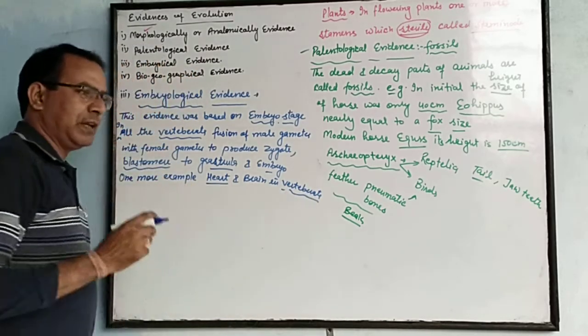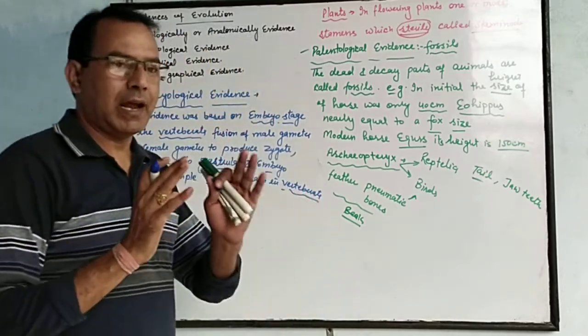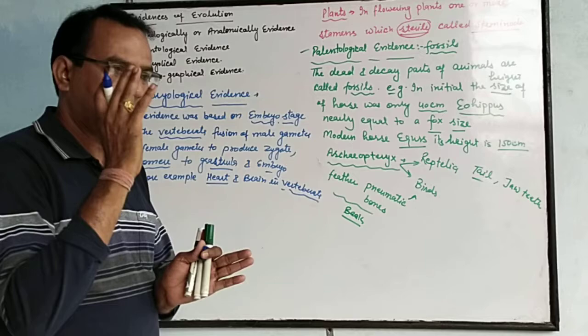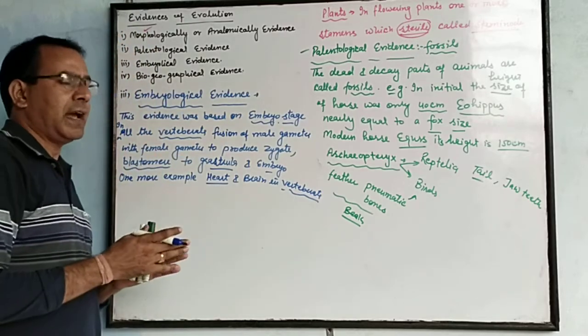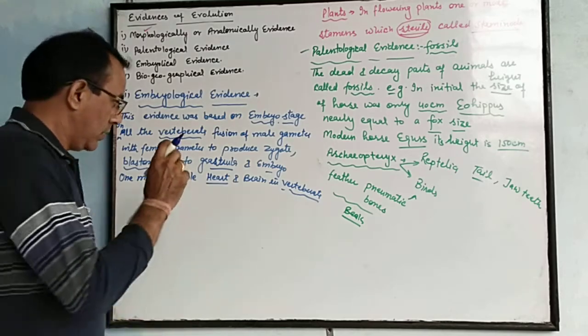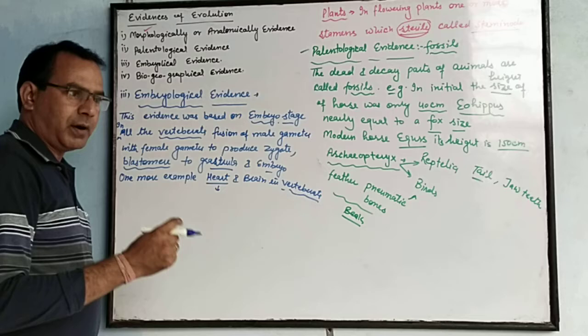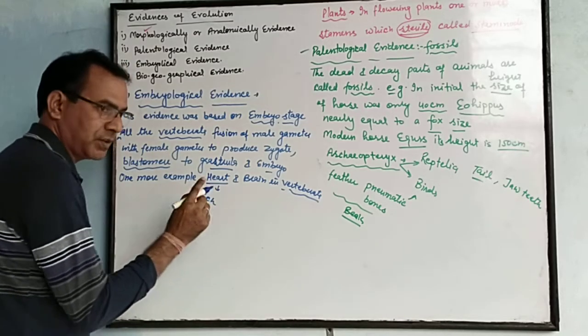We know that in our heart there are 4 chambers. Birds and mammalia have a 4-chamber heart, whereas Pisces contain a 2-chamber heart, amphibian a 3-chamber heart, and reptilia also 3-chamber, except the crocodile.